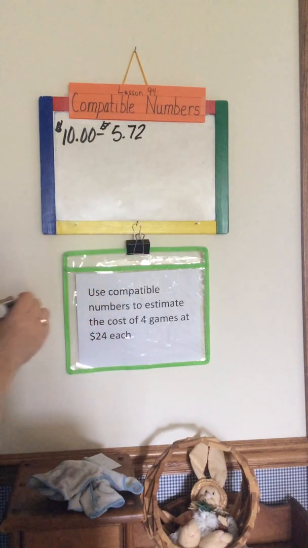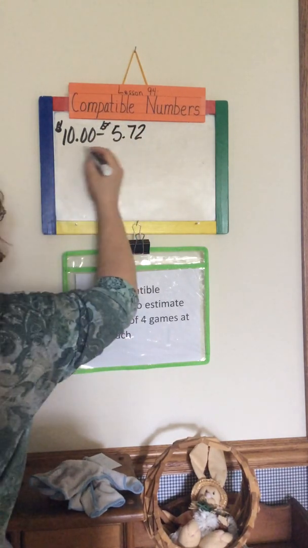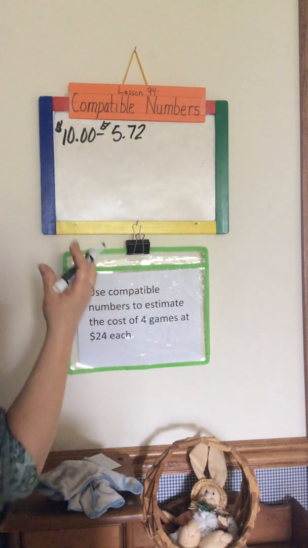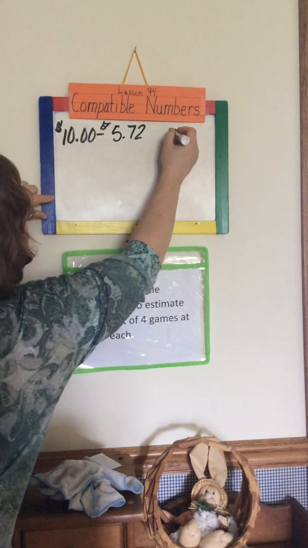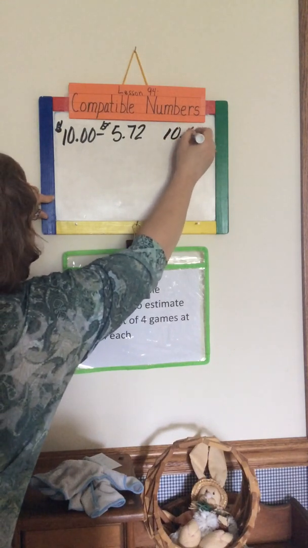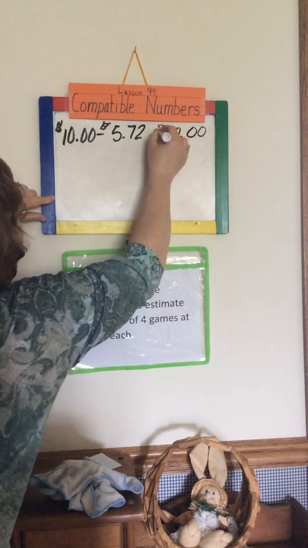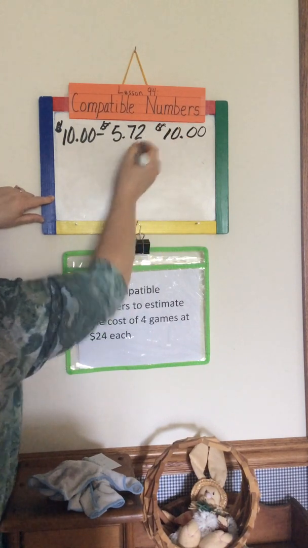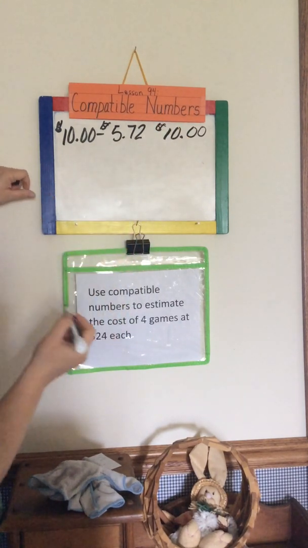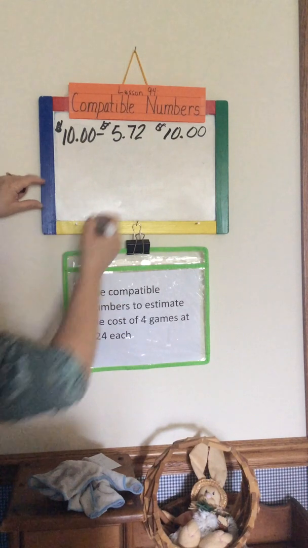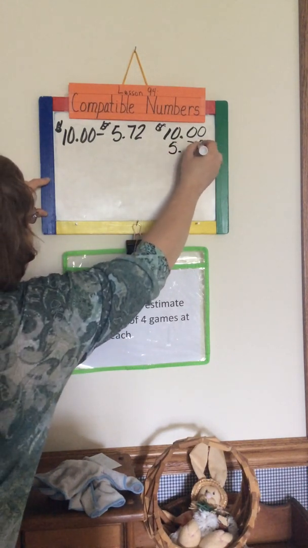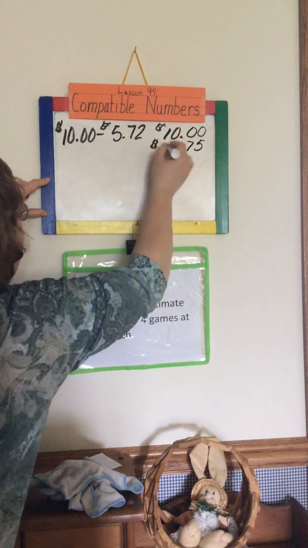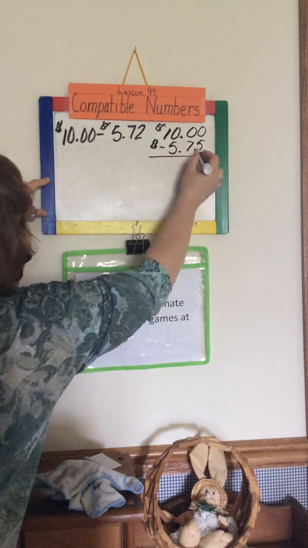So this is subtraction now. So of course we start out with $10. It's an even amount. Already at those zeros, we're going to leave it that way. That would be the closest 25. And then we have 572. And of course 572 would be closest to 575. So the 5 would go here, 75 cents there, dollar sign, and this time subtracting.